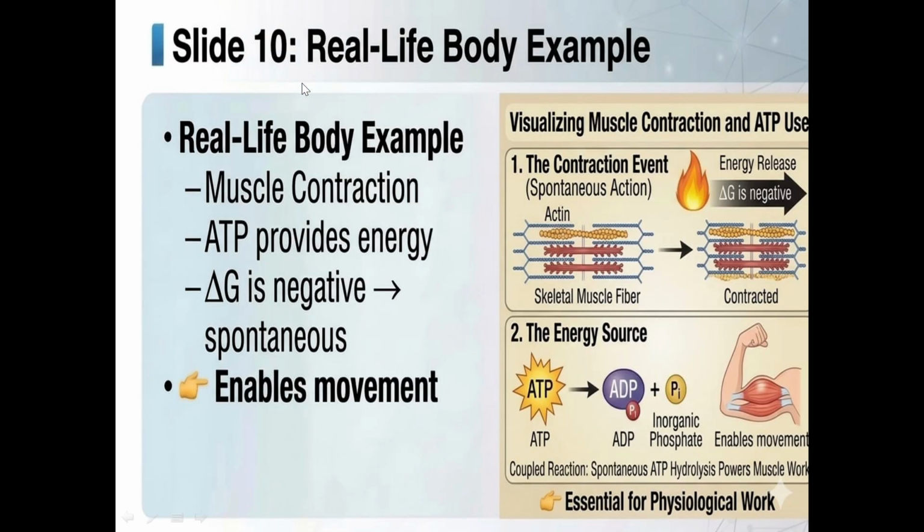And this is the 10th slide, real life body examples. For example, muscle contraction: ATP provides energy for muscle contraction, and delta G is negative. When delta G is negative, the reaction is spontaneous, and because of this spontaneous reaction the movement occurs.